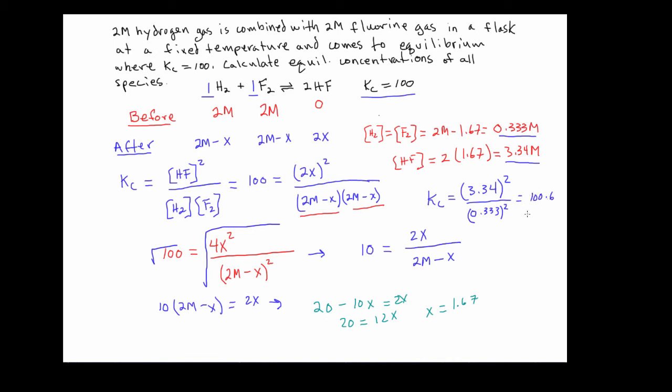So there's a good correlation between the value that we get based on our calculations by comparison to the value we were given at the beginning of the problem. So this answer is an acceptable value for the equilibrium concentration of HF and the equilibrium concentrations of H2 and F2. And with that, I'm going to go ahead and close the video.